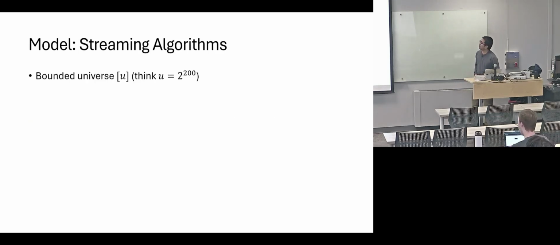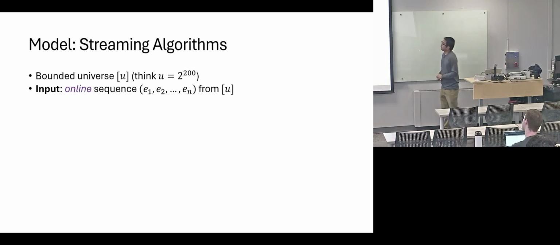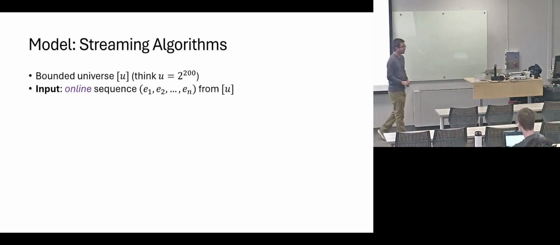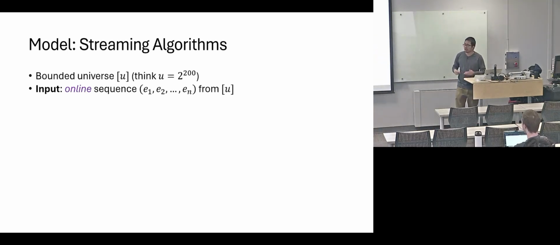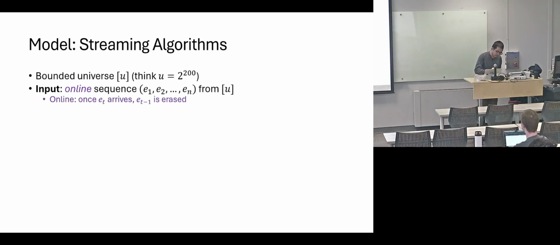The model is this. Think of you have a bounded universe like before, and the input is an online sequence of elements E1, E2, E3, E4, up to En. Each of them is a number from 1 up to U. Think of each element as an IP address, for example. I say online because once element t arrives, the previous one is erased.